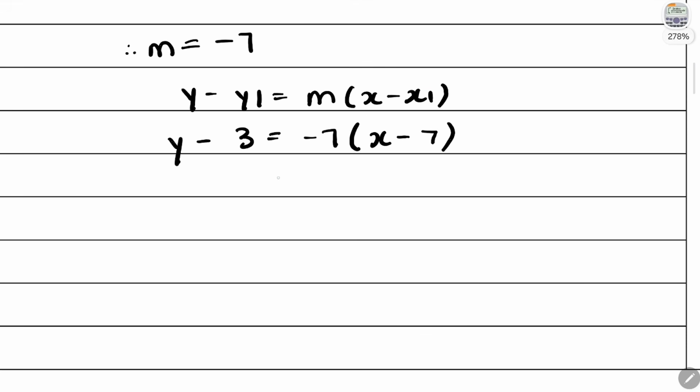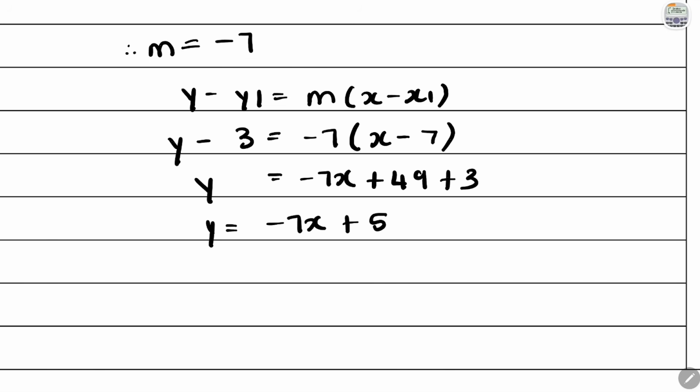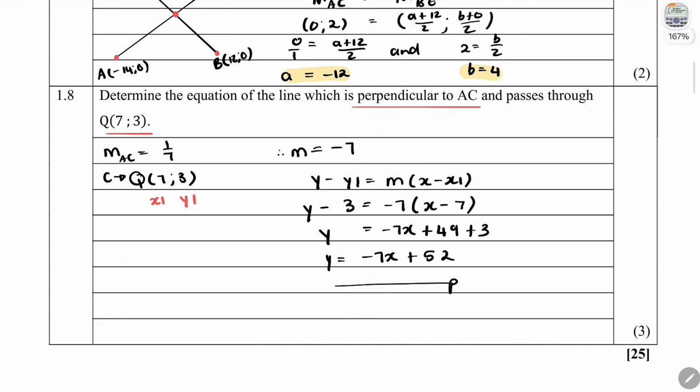Okay, so just distribute. So that is -7x. That becomes positive 49. And then we transpose the negative to become positive. So what is 49 plus 3? And we're going to have 52. So this is simply y equals -7x plus 52. And that is the equation of the line perpendicular to AC.